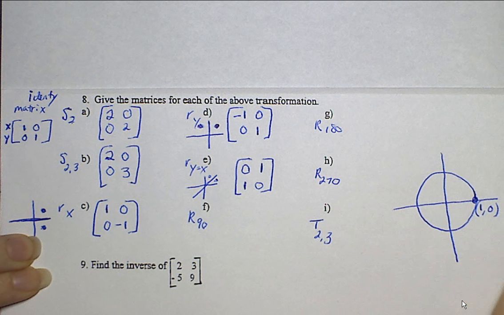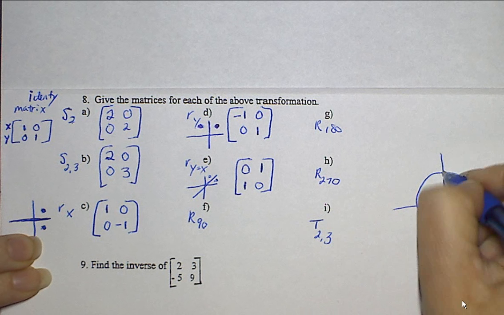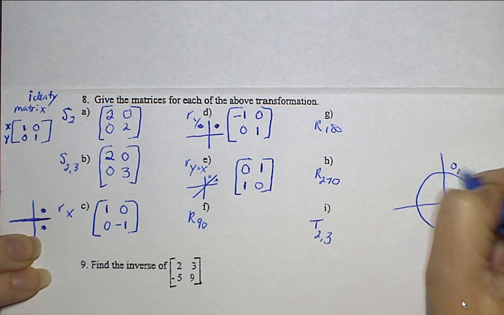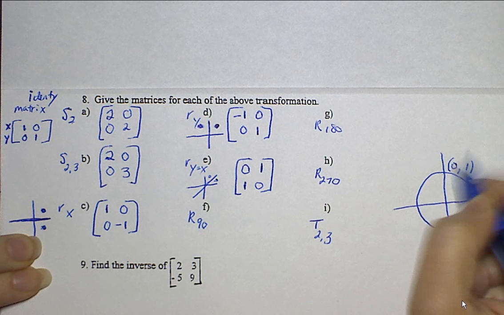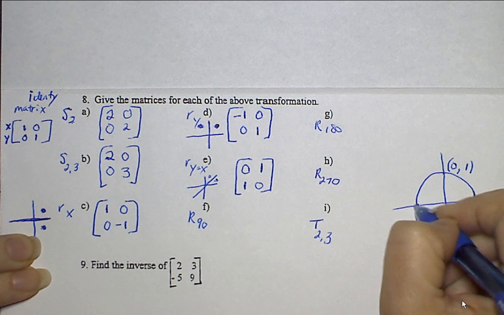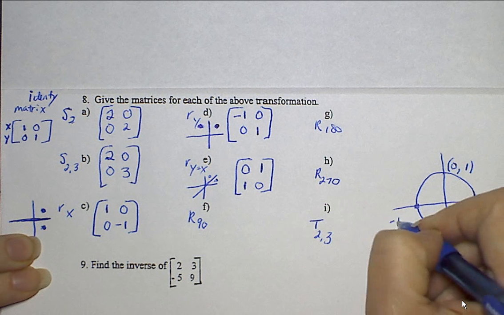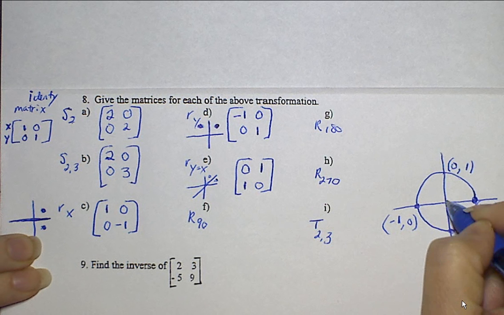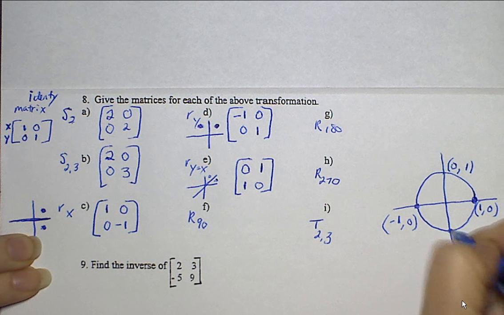And then this one is your 0, 1. And then over here is the next point, negative 1, 0. And then down here is your 0, negative 1.